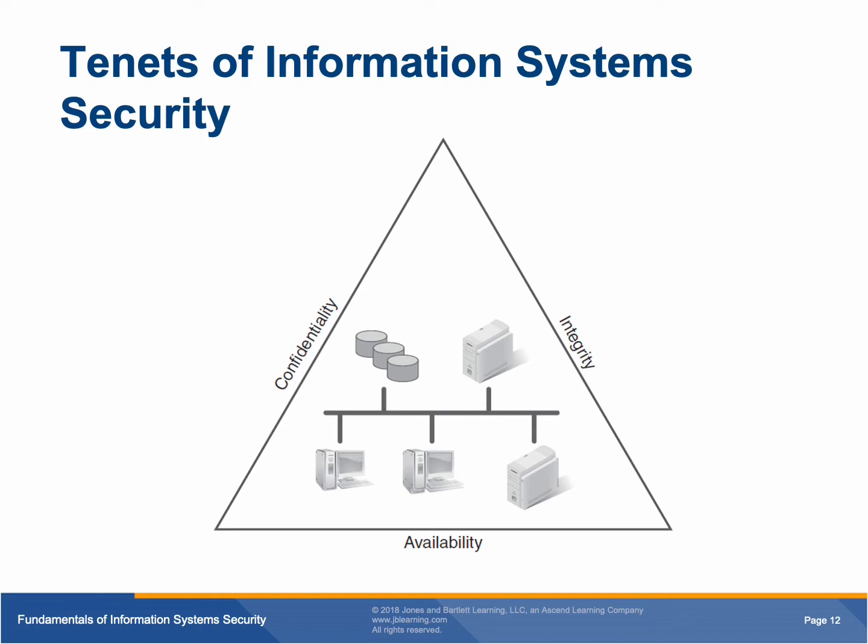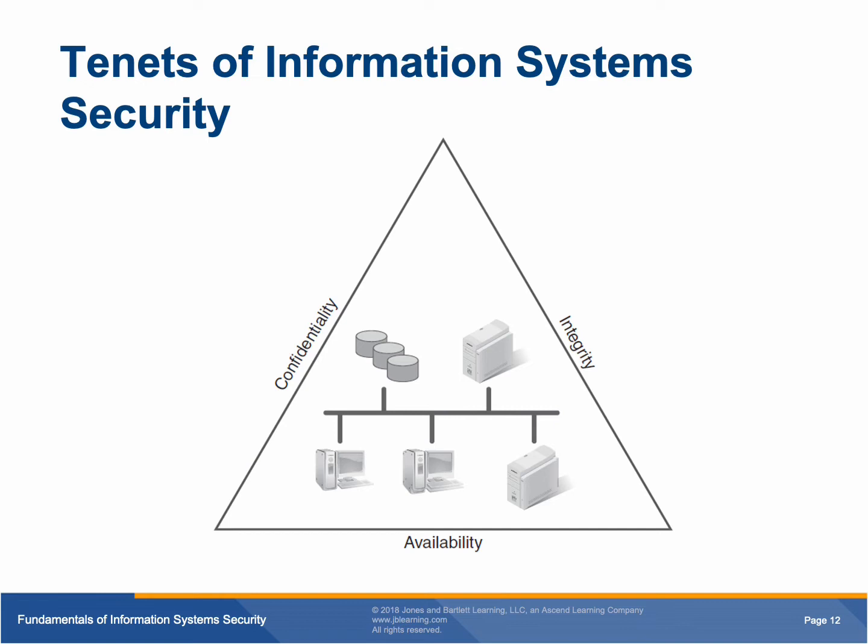Confidentiality has to do with the fact that we only want authorized users to view information that they're allowed to view. Authorized users are authorized to access certain information, and that's something we want to protect, this level of confidentiality.